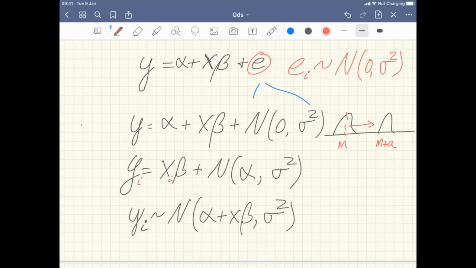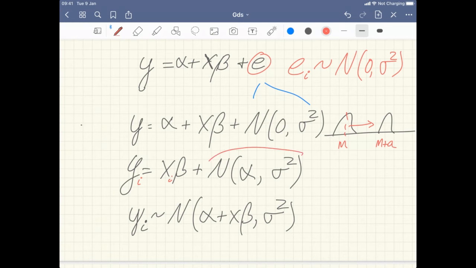So if I have a normal distribution with a mean of 0 and a variance of sigma squared, I can shift it to become a normal distribution with a mean of alpha by adding alpha to all of its realizations.